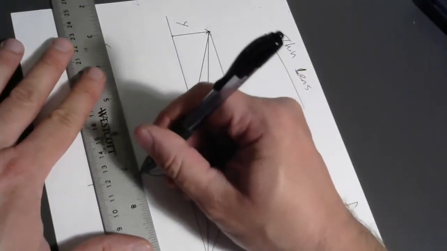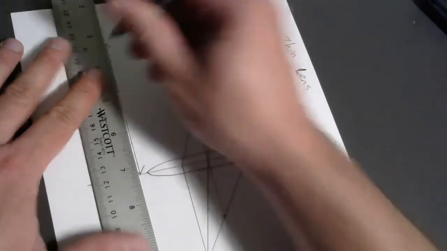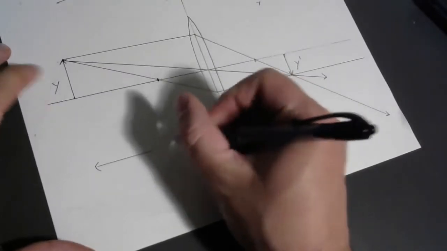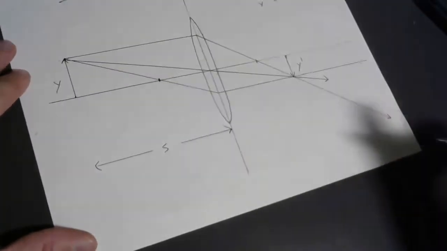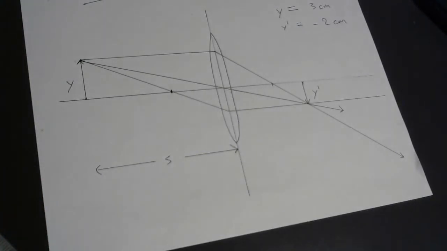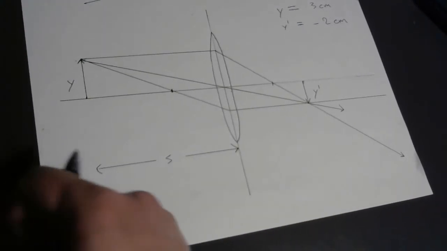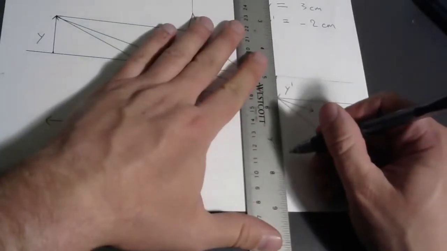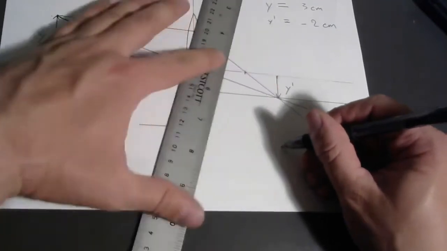Do your best not to clutter the diagram, but things like object and image distances would be important. This is called S. We use the letter S for the object distance, much like the pinhole camera. Remember that? We're using the same notation. So this distance from the lens to the image, that will be S prime.